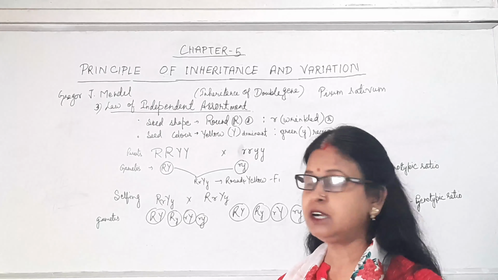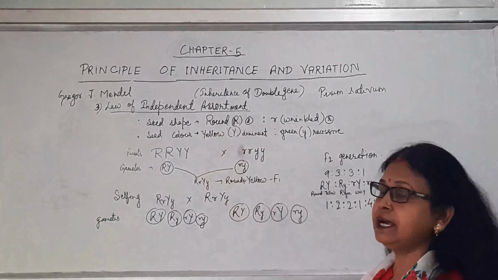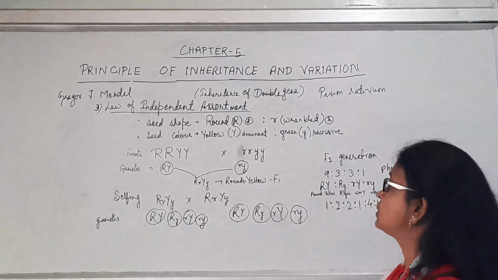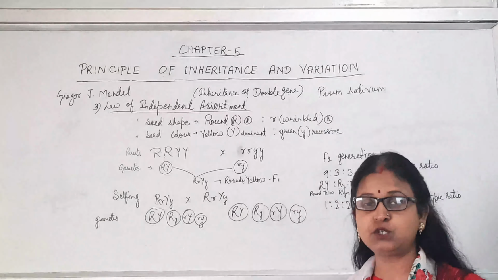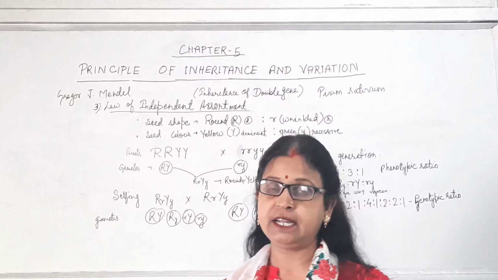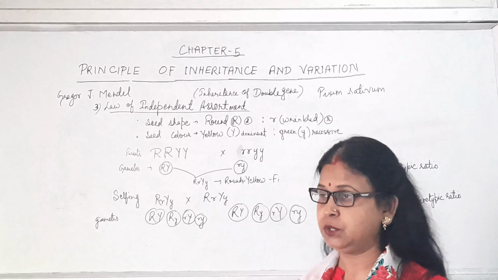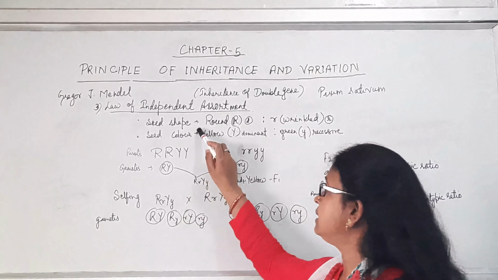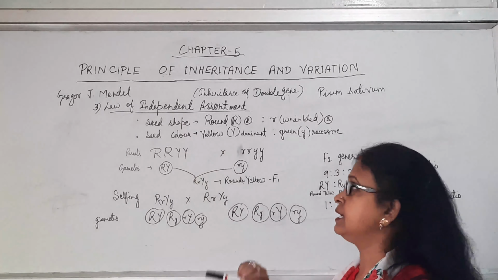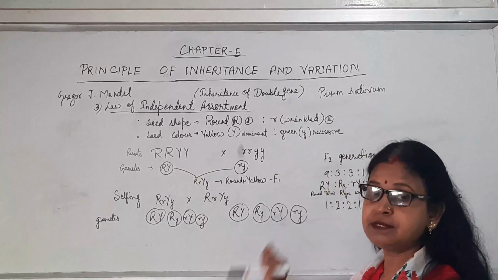Now the third law, that is the law of independent assortment, we will discuss through inheritance of a double gene, that is when we are considering two pairs of characters at a time. Again Mendel took two pairs of characters, that is shape of the seed and color of the seed, in the plant Pisum sativum.